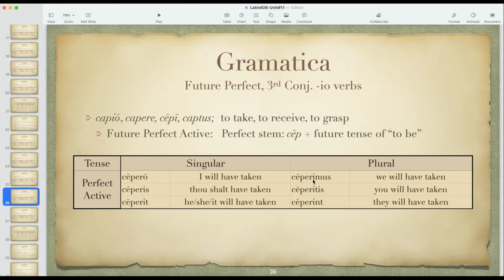If it's not long, then the stress goes on the vowel in front of it. So this is this vowel here. So cheperimus. And the natural tendency in English is whenever we stress a vowel, we tend to make it long. So we tend to say things like cheperimus or erimus, but you don't want to try to do that. Just say cheperimus.